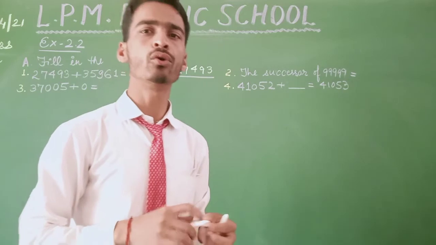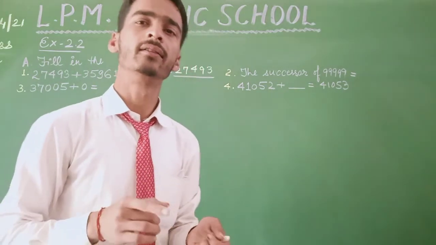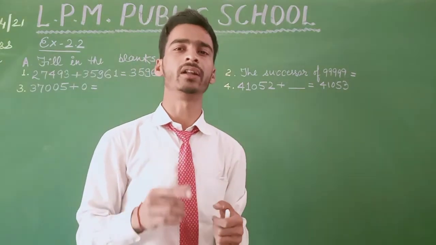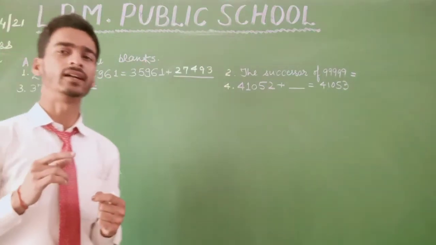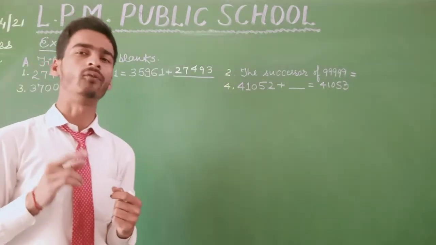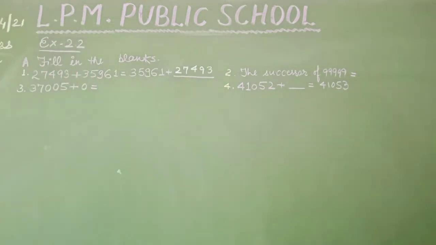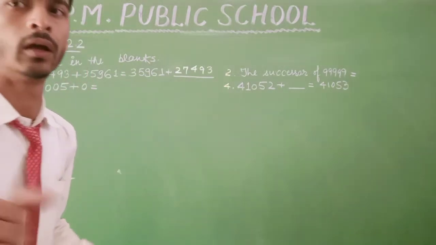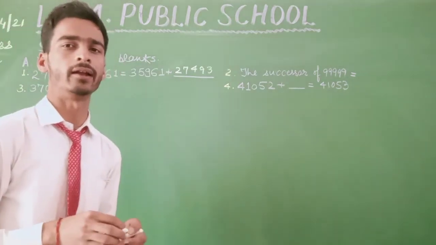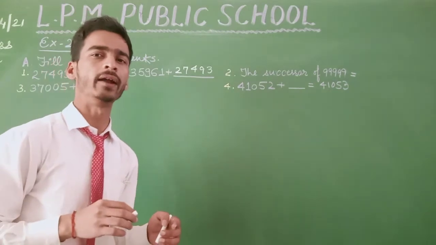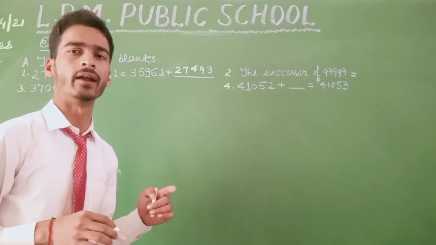And the next question is the successor of 99,999. You know that the successor of any number is the number that comes just after it. Here we have to find which number comes just after 99,999.